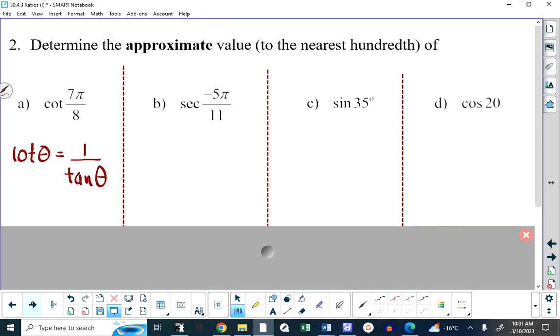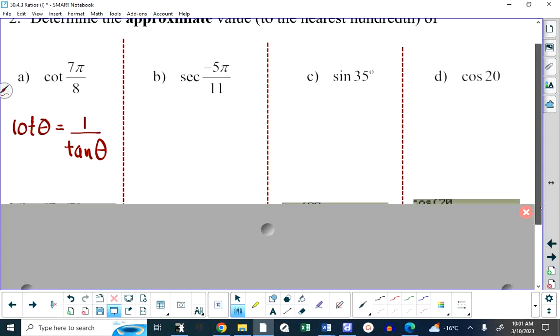Cotangent of 3 is equal to 1 over tangent of 3. So cotangent of 7 pi over 8 will be equal to 1 divided by tangent of 7 pi over 8.